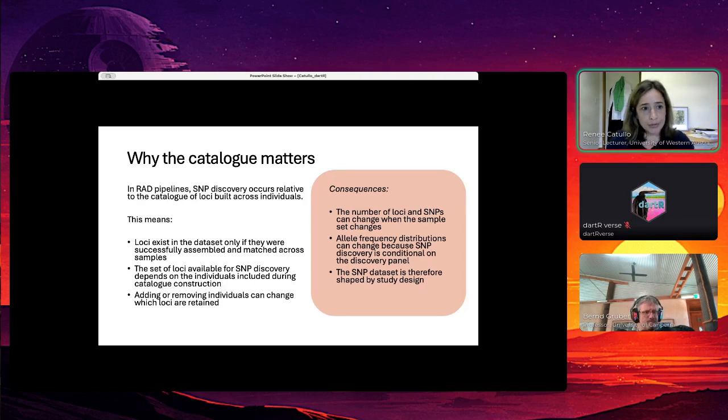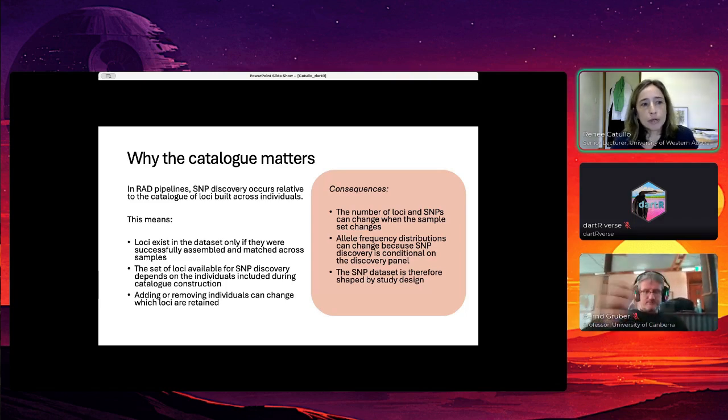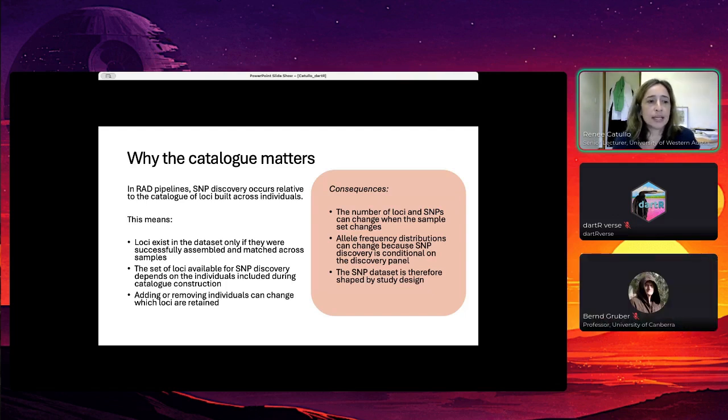And the catalog matters. In RAD pipelines, the SNP discovery, as I said, occurs in that catalog, but a locus only exists if it was successfully matched during the catalog building stage. The challenge we see is that if you remove or add individuals, it changes the loci that are retained.